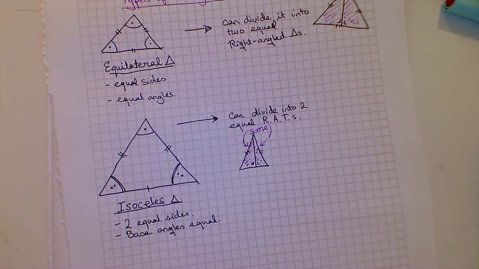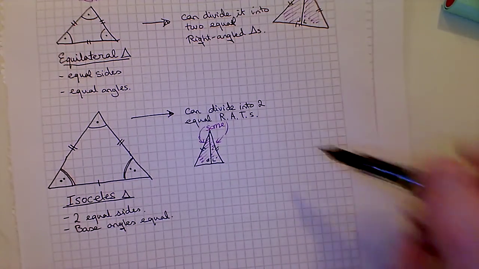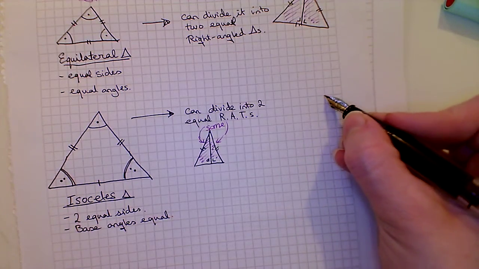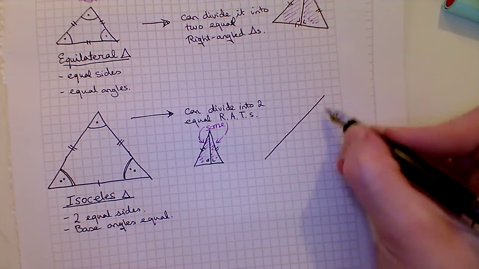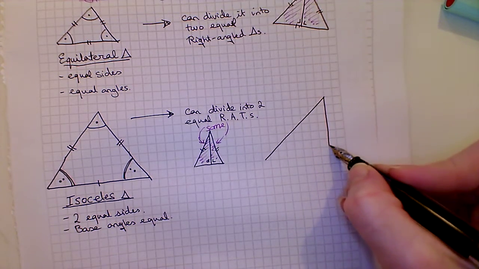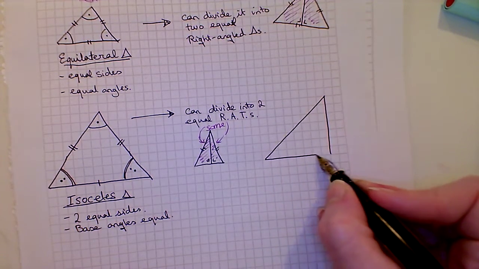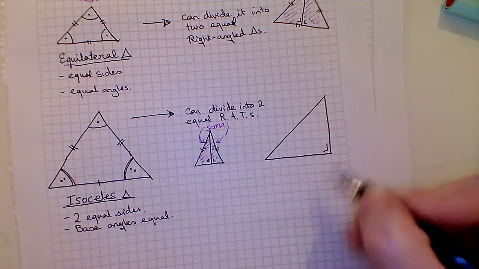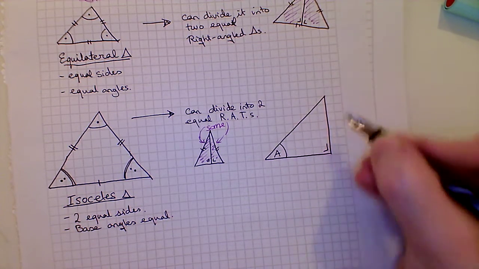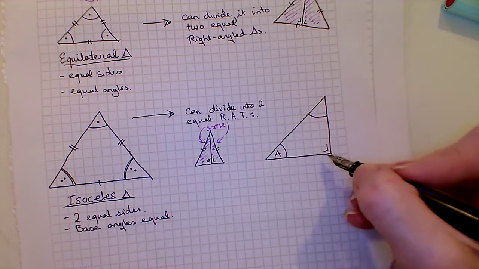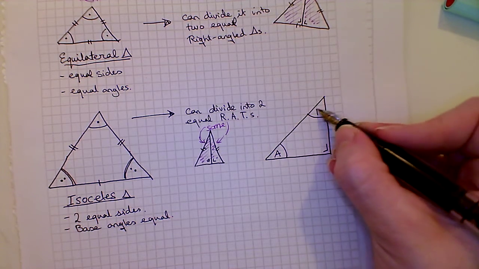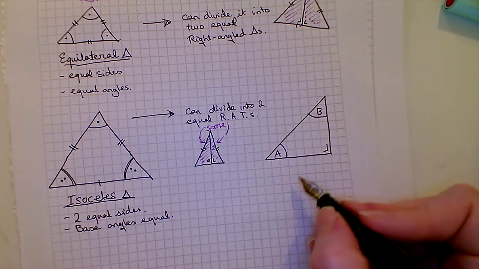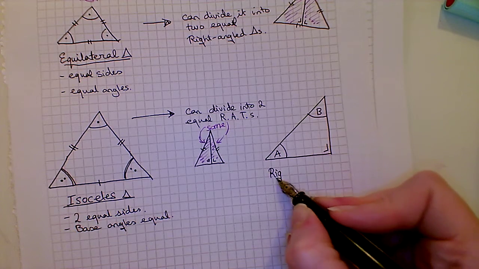Which brings us on to the third type of triangle, a right-angled triangle, which we're very familiar with from coordinate geometry and trigonometry. And it doesn't necessarily have to be isosceles or anything like that. Okay, so this is called a right-angled triangle.